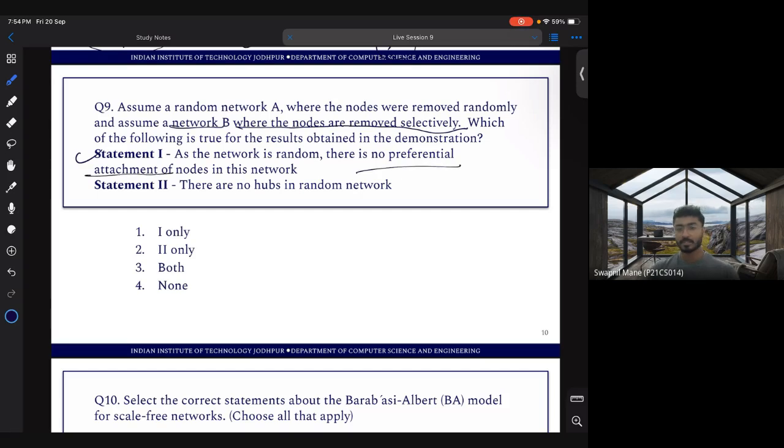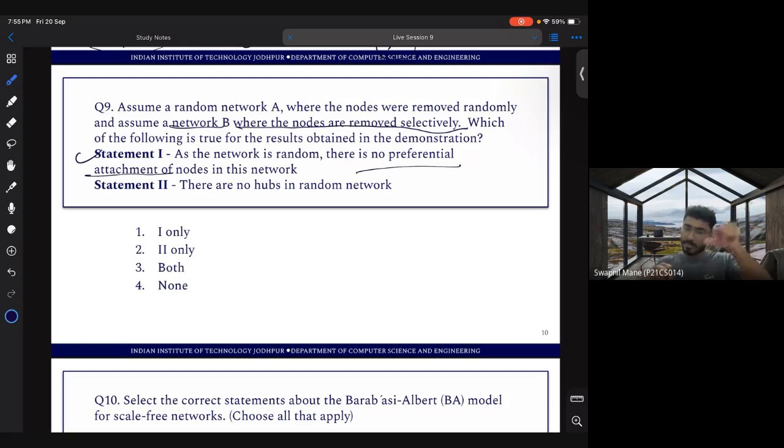No preferential attachment means there are no nodes connecting preferentially to higher degree nodes, right? Suppose a new node comes into the picture, it is not connected to the higher degree nodes.